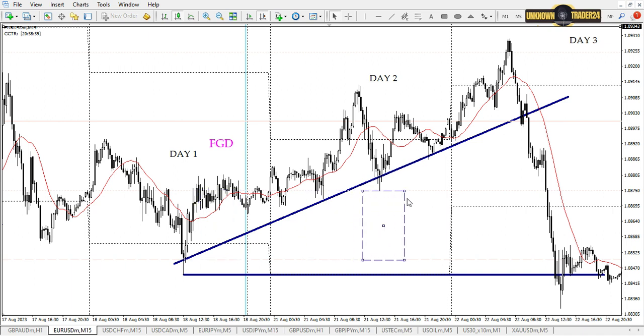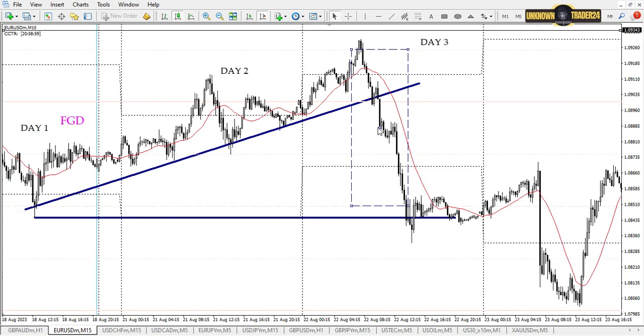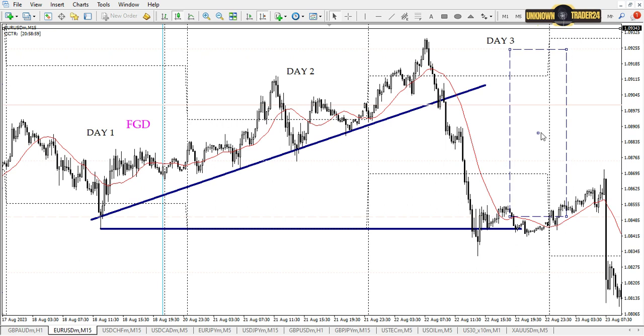The following day they pumped the market another 25 pips, and these are the boxes that the price completed. On the third day they moved the market again another 25 pips. So they moved the price 3 levels of 25, which is now 75 pips.